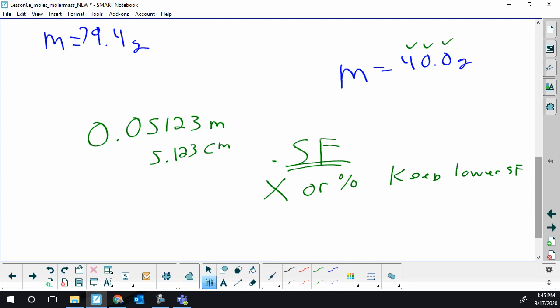When you add or subtract, you don't count significant figures. You keep the least precise digit. You keep the lower amount of decimals, or decimal places.